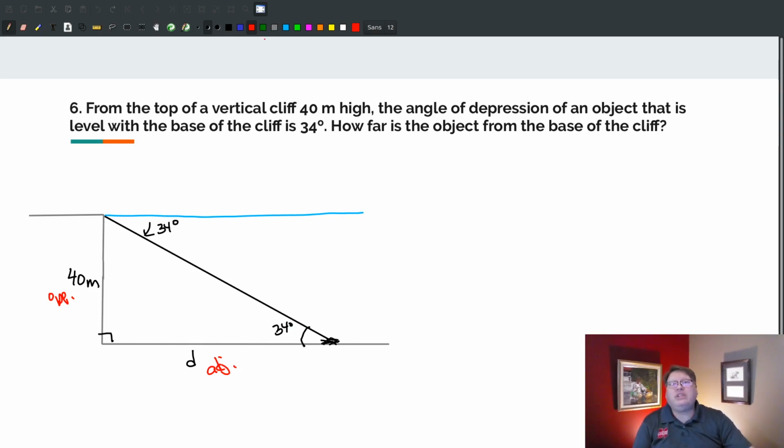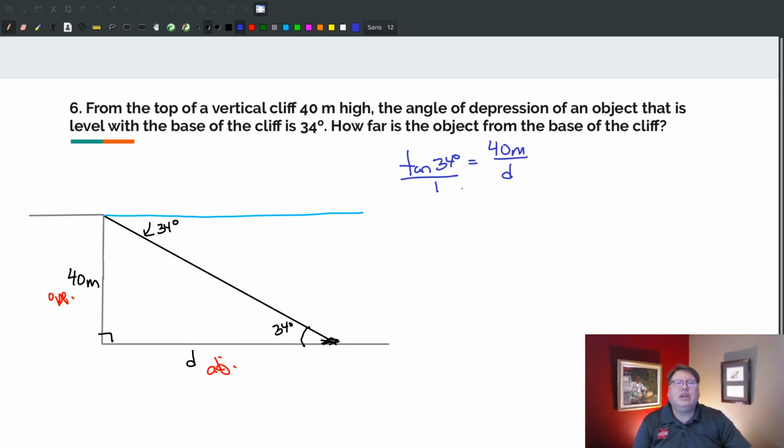So we know we're dealing with a trig ratio here. So we're going to say the tangent of 34 degrees is the opposite side over the adjacent side, which is 40 meters, our opposite side, divided by D, our adjacent side. We're going to put that trig ratio over 1, and we're going to cross multiply.